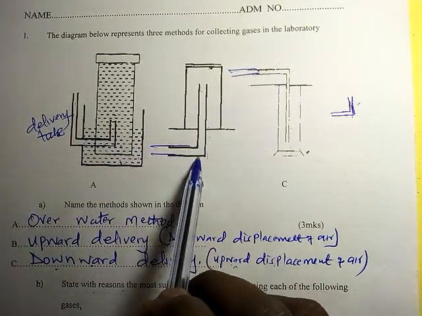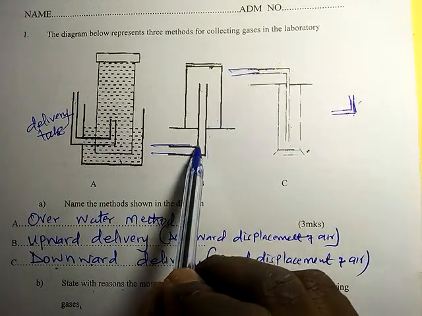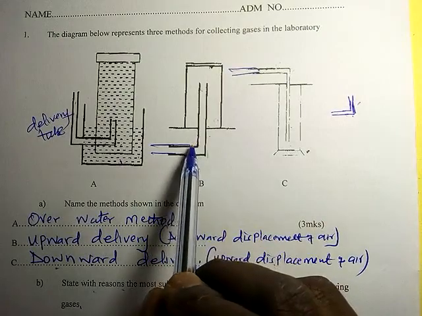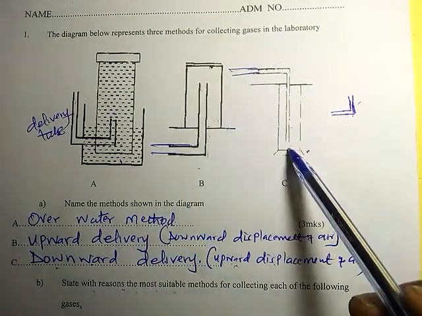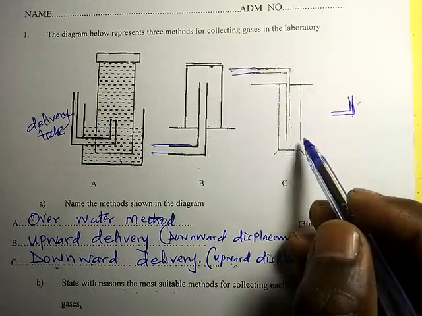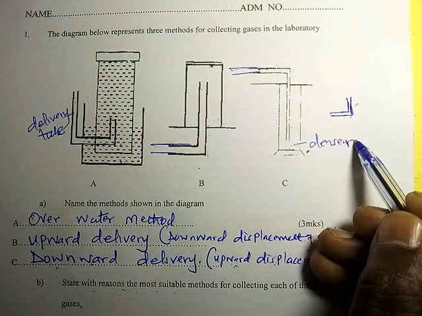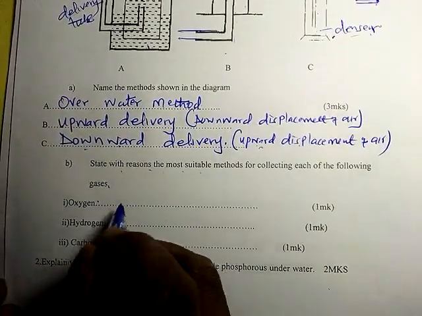Gases collected by upward delivery are lighter than air, or less dense than air. Gases collected by downward delivery are denser than air.